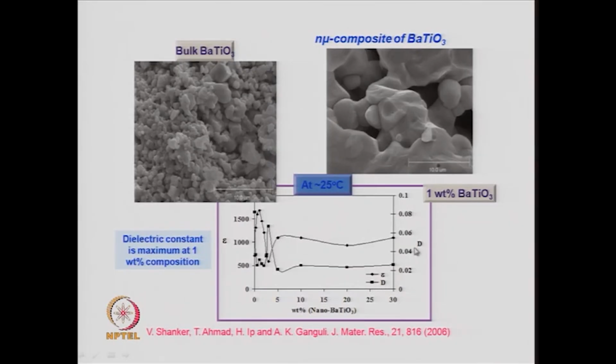The dielectric loss d is plotted on this scale, and that also shows an increase. So, there are some changes occurring when you add nanoparticles to the dielectric micron sized particles, and this is reflected in the measurements that you do for the dielectric constant and dielectric loss. So, there is a change in the properties.